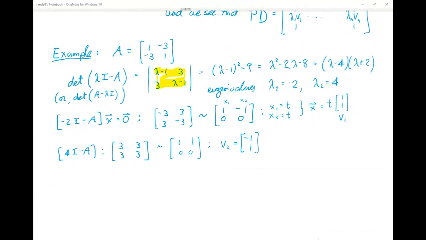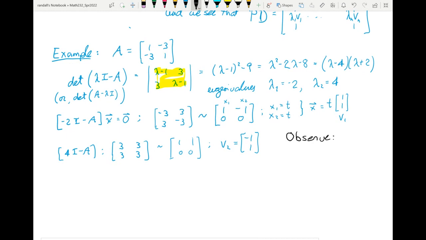So now we can observe, okay, that V1 dot V2 is indeed 0. So they're orthogonal. I mean, it's trivial that they're linearly independent, but they're orthogonal.